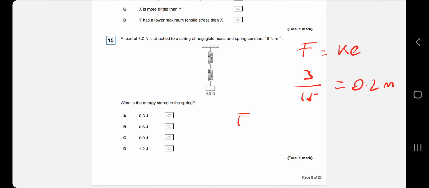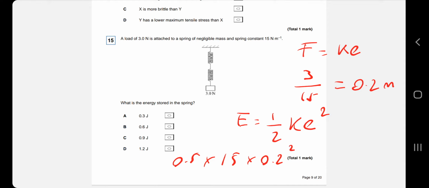Then to get the energy stored in the spring, we can simply do energy is equal to half K E squared. So put our numbers in, so it's 0.5 times K, which is 15, times the extension squared, so 0.2 squared.